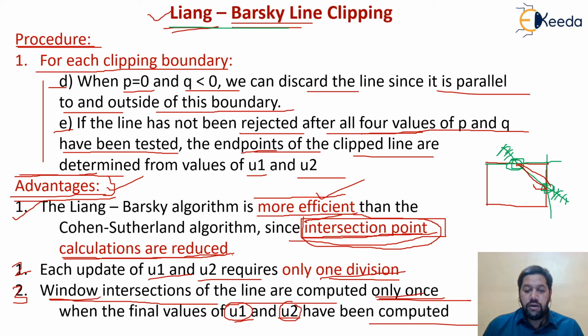There are different algorithms. We have learned only two: the Cohen-Sutherland line clipping algorithm and the Liang Barsky line clipping algorithm. There may be two or three more algorithms available for line clipping, but all of them focus on how the intersection point calculation can be reduced, calculated with minimum computation time, minimum instructions and minimum mathematical calculation.